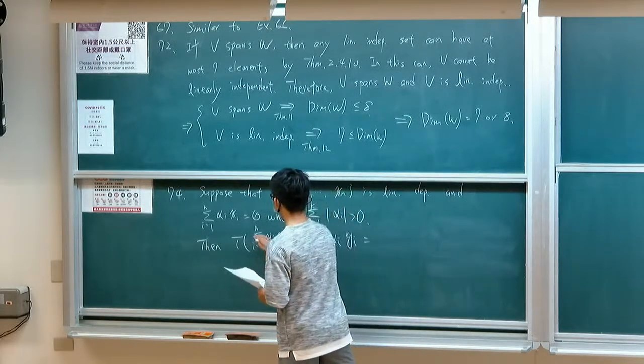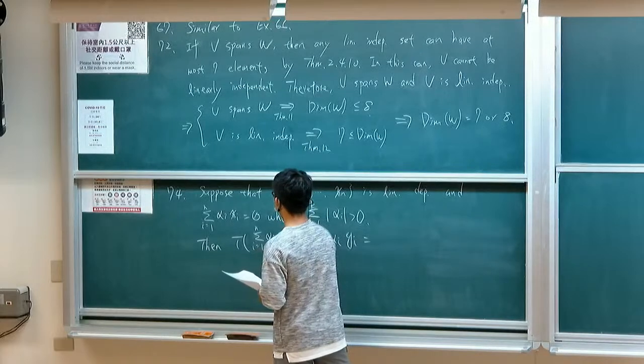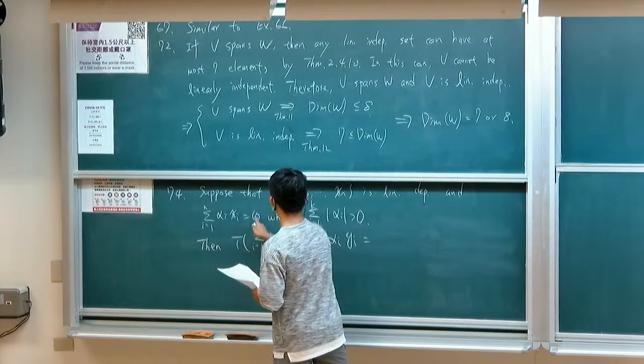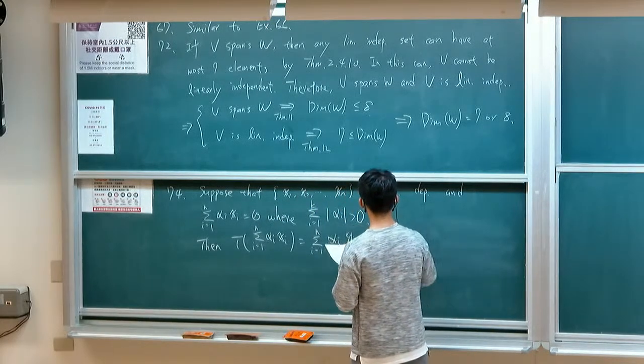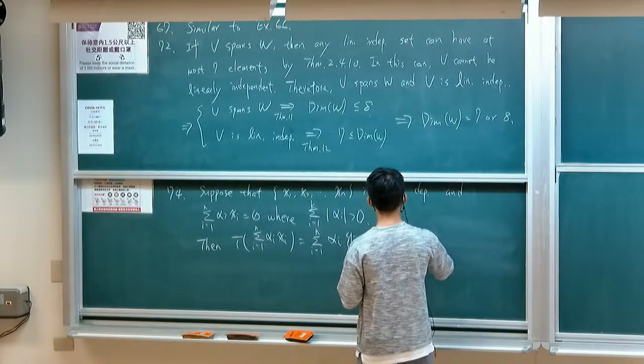And since a linear transformation maps a zero vector to a zero vector, this is 0. And we have a contradiction.